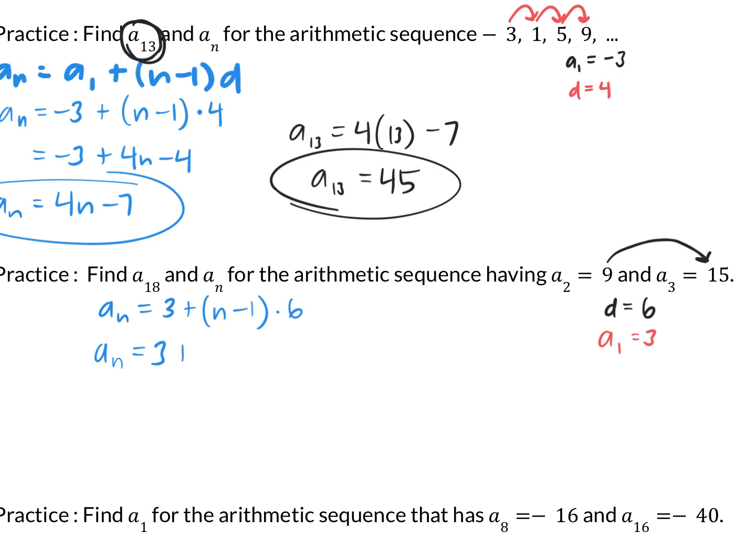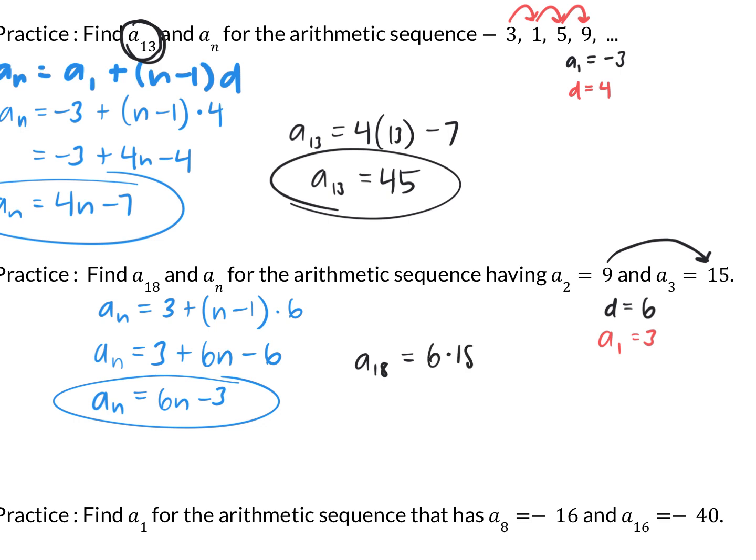I've got 3 plus 6n minus 6, which means I'm going to have 6n minus 3. Okay, so that is my a sub n. And now I can figure out what my a sub 18 is. So I can just plug in 18 where n is. So I've got 6 times 18 minus 3. Plug that in our calculator. What are we getting? 105.